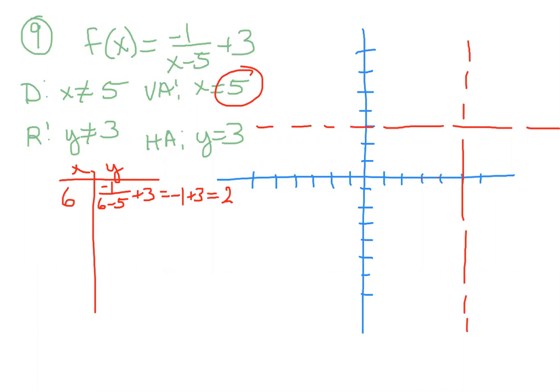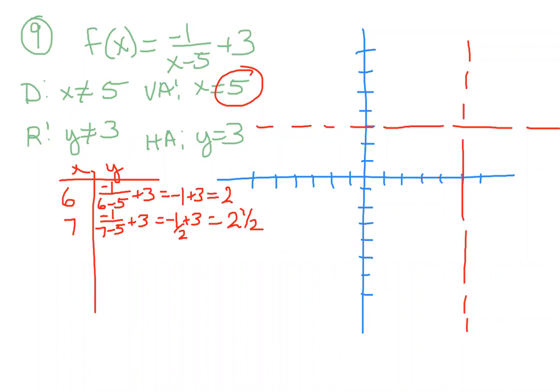And if we pick, let's see, everything else is going to be a fraction. If we pick a 7, that's going to be negative 1 over 7 minus 5 plus 3. That's going to be negative a half plus 3, which is 2.5.